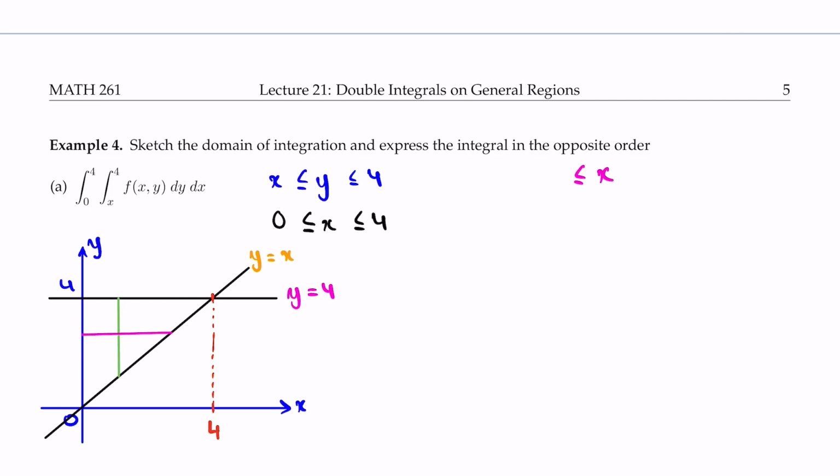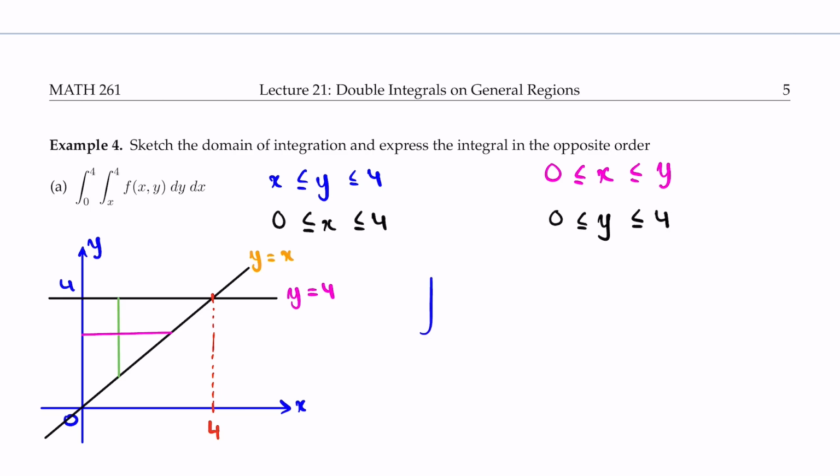So x is bounded below by 0, and on the right end, the horizontal line touches the function x equal to y. Now at the same time, if you move this horizontal line up and down the region, you can see the lowest point it can get to is 0, and the highest point it can get to is 4. So y is bounded between 0 and 4.